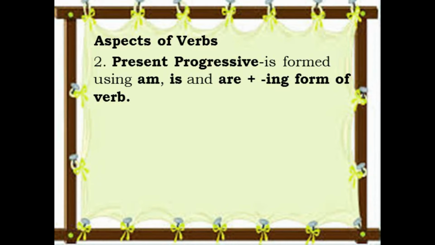Present progressive. It is formed using am, is, and are plus the ing form of verbs. You still remember, am is used with the pronoun I, is is used for singular nouns, and are is used for plural nouns.